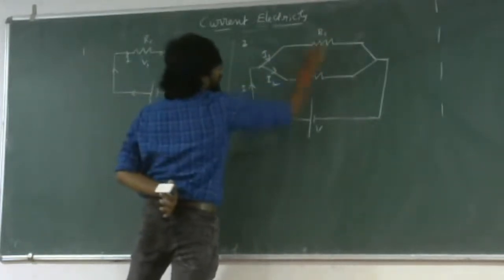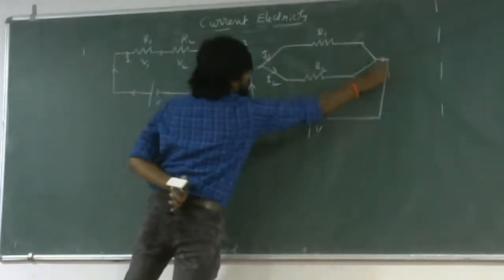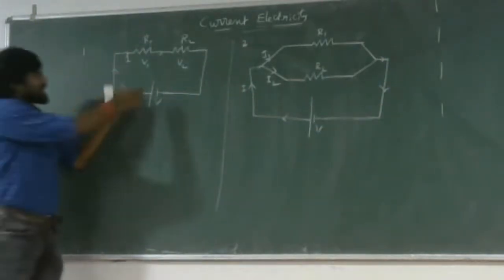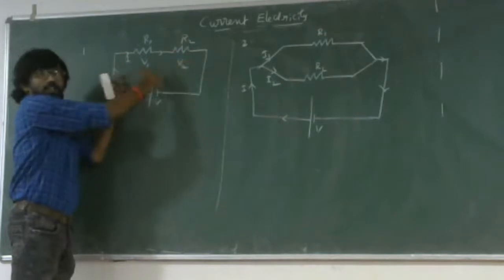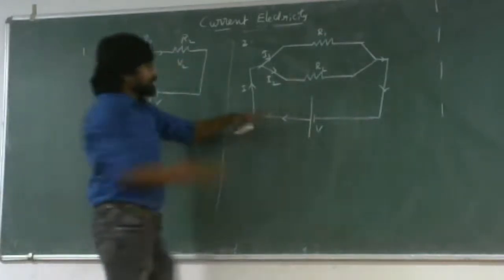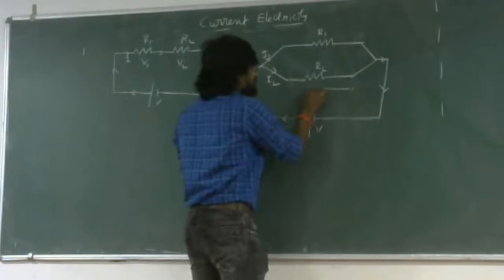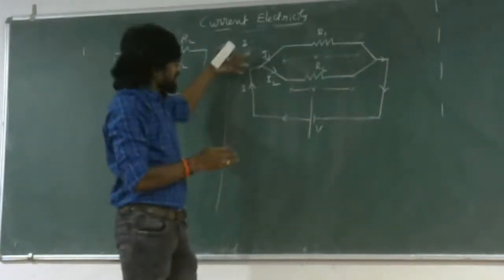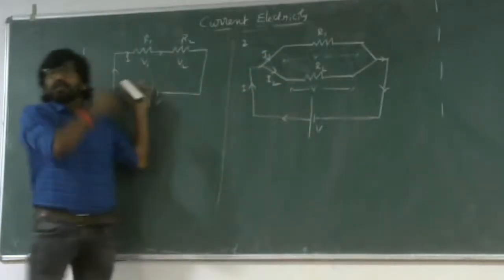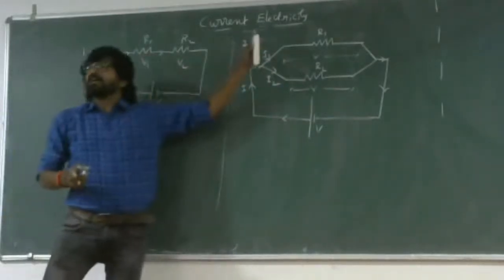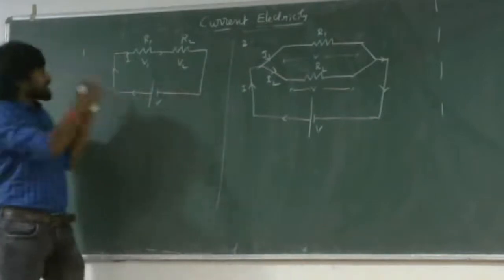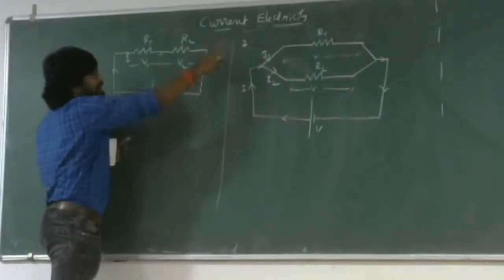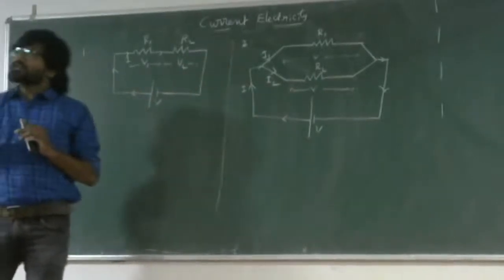This is, let us say, R1, R2. Following this, everyone? Now, here what is dividing? Current is dividing, potential is same. In parallel combination, potential across both the resistors will be the same. Got it? In series, potential divides. In parallel, current divides.